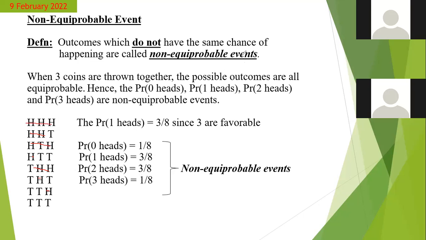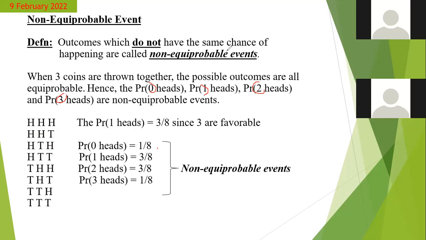Now, what you are saying about all of these is that the probability of getting 0 head, 1 head, 2 head all have different chances of happening.